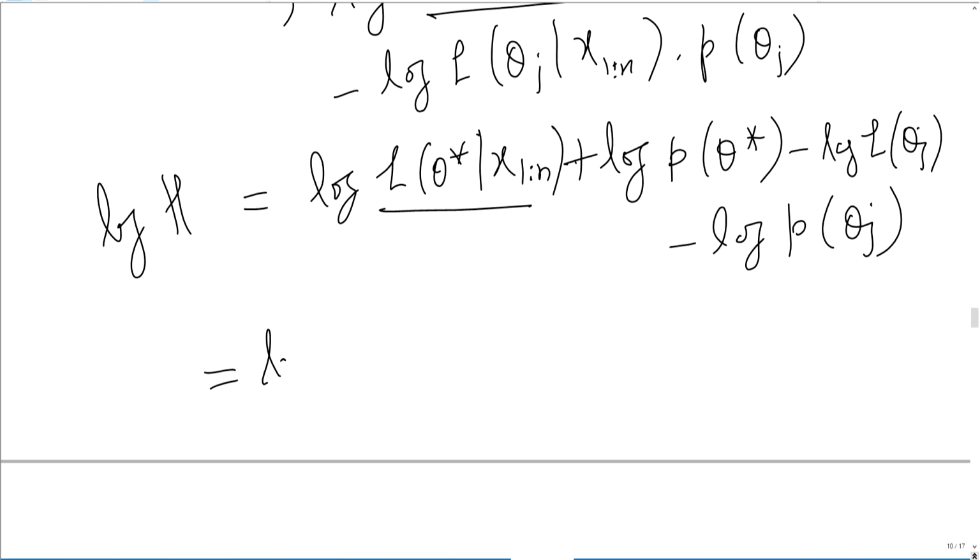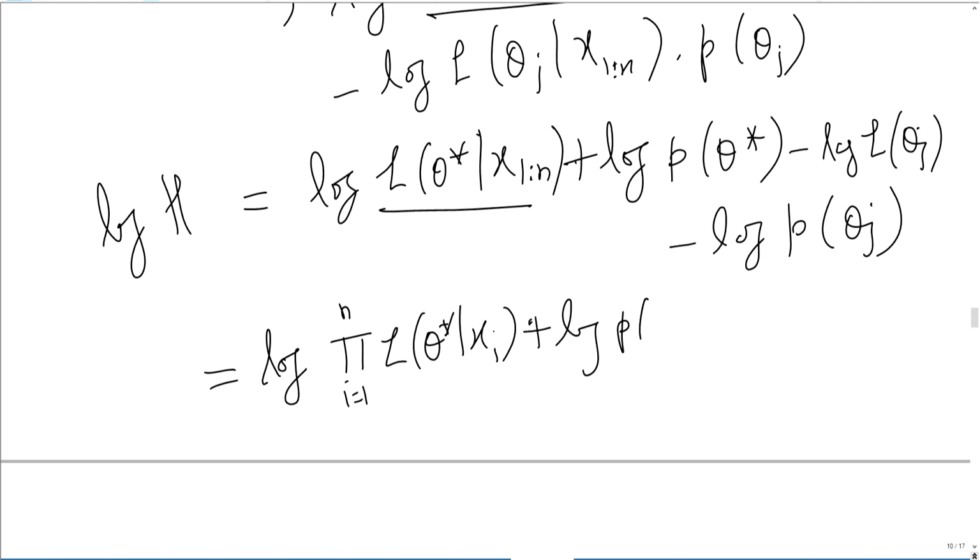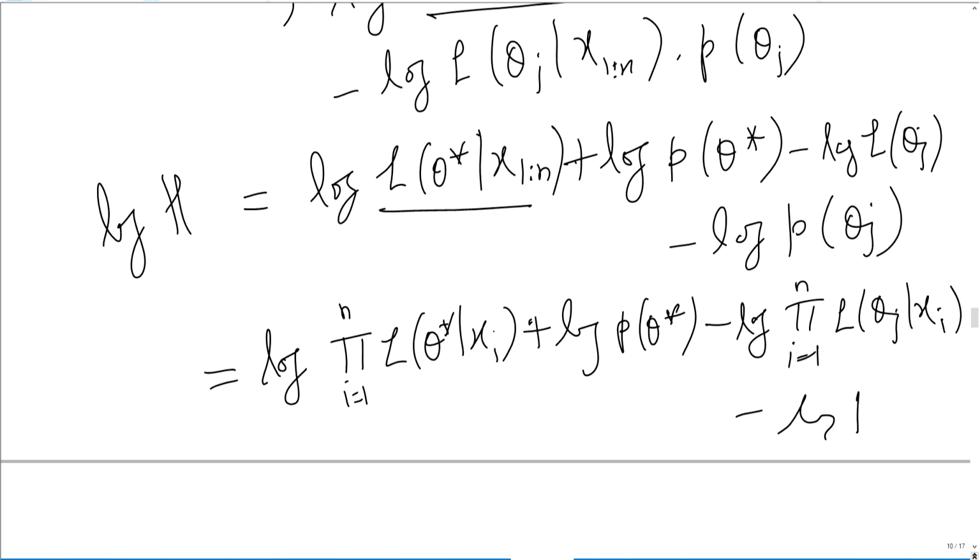So you can rewrite this as the log of the product of likelihoods of individual data points, plus log of the prior density of theta star, minus, similarly here, log of the product of likelihoods for theta j, minus log of the prior density of theta j.